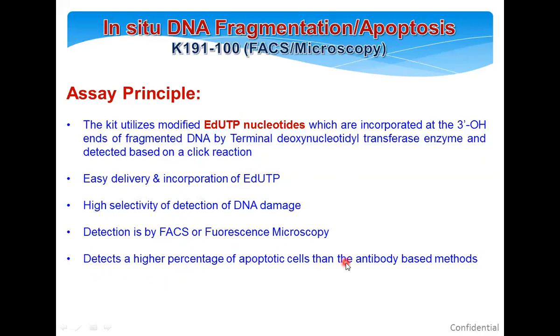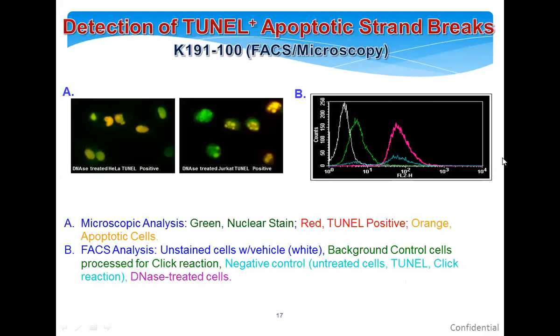You detect a higher percentage of apoptotic cells than with the antibody-based method, where BrdUTP is the normal TUNEL assay that people use. So the sensitivity is higher for this click chemistry based kit, and it's specific.